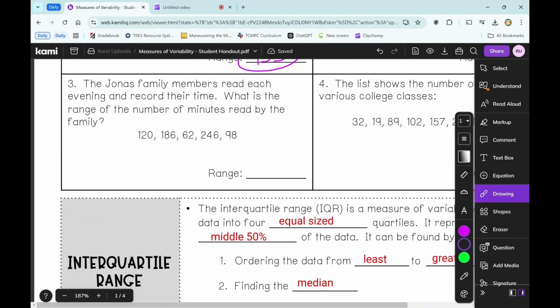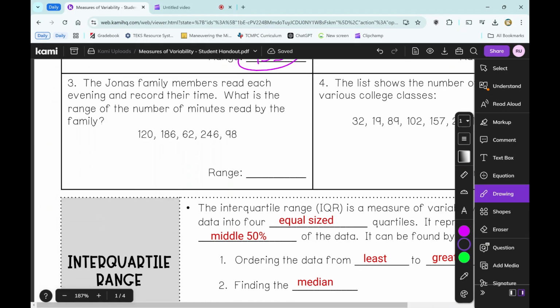For number 3, go ahead and take some time to put these numbers in order. So remember, whenever you are putting these numbers in order, it would be helpful for you to scratch them out as you go, so you make sure that you don't miss any one of these numbers, since there are a lot of numbers that you could potentially be dealing with.